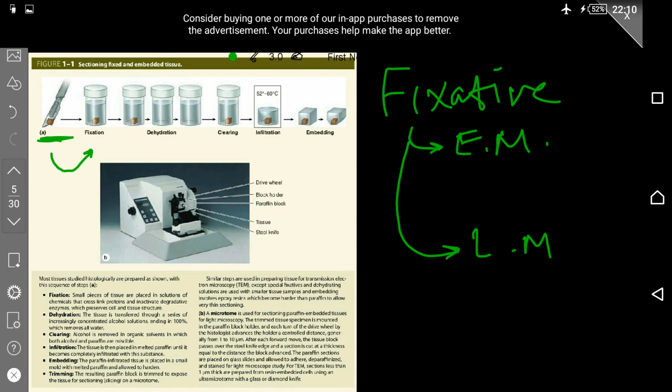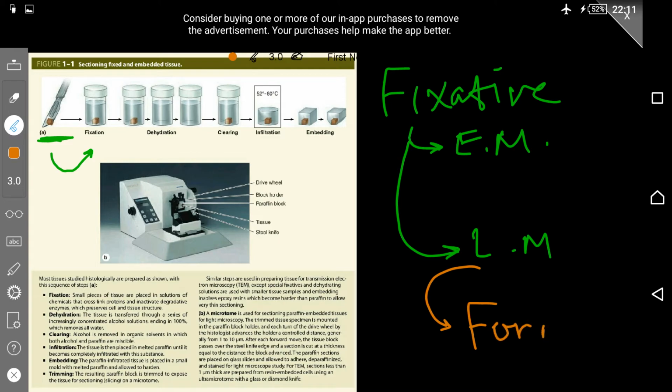If you want to study the prepared tissue through light microscopy, then the fixative that you are going to use will usually be formalin.